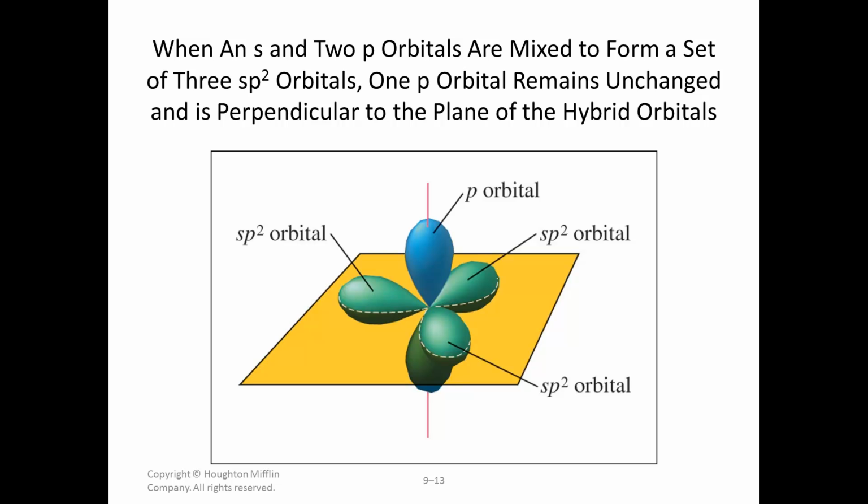Here we have our hybridized sp2 orbitals shown in green in the plane shown in yellow, and our unhybridized p orbital is perpendicular to that yellow plane containing our hybridized sp2 orbitals.